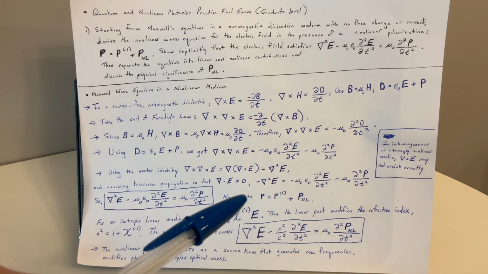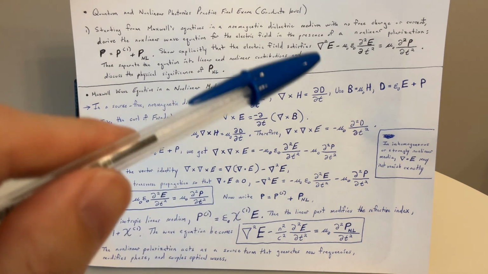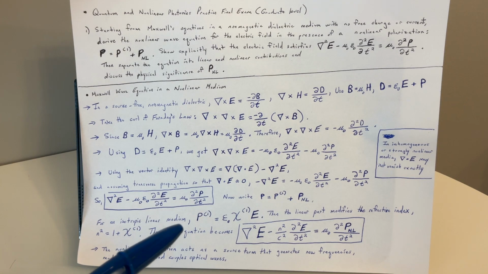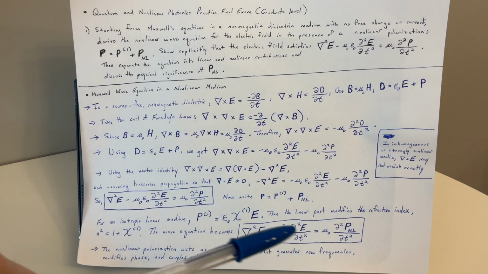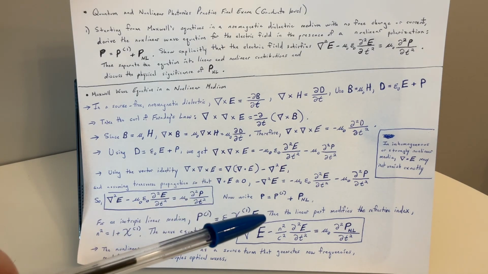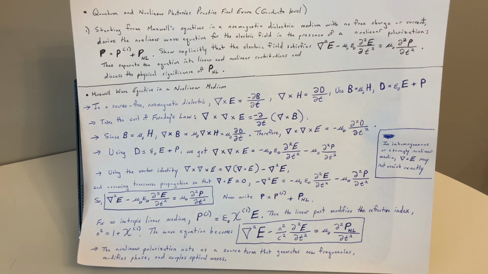So now we write our formula for our nonlinear polarization. For an isotropic linear medium, okay, we give that first order polarization equals epsilon naught chi first order E. Then the linear part modifies the refractive index here.